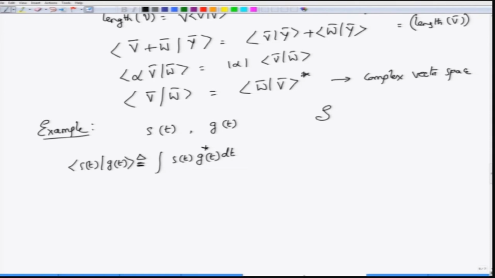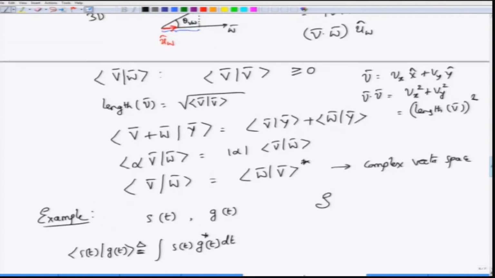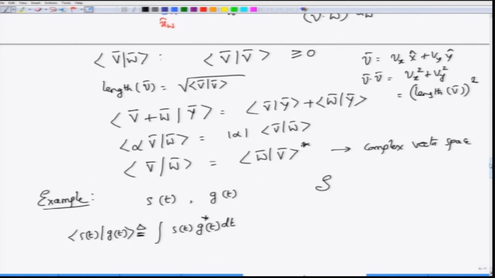If I define it this way, will I be able to satisfy all the rules of inner product? Certainly yes. If I interchange the order of G of t and S of t, in place of G of t getting complex conjugated, I will have S of t getting complex conjugated, which will satisfy this last criterion for me, right. If I multiply S of t by a number alpha, then alpha will go inside.